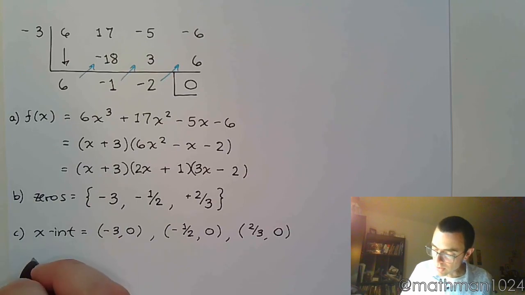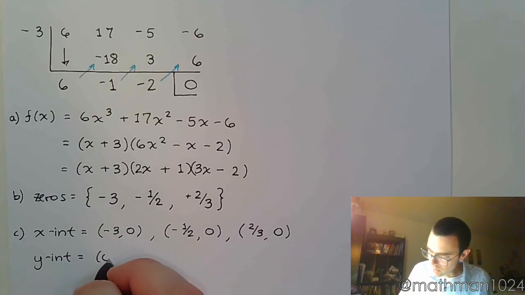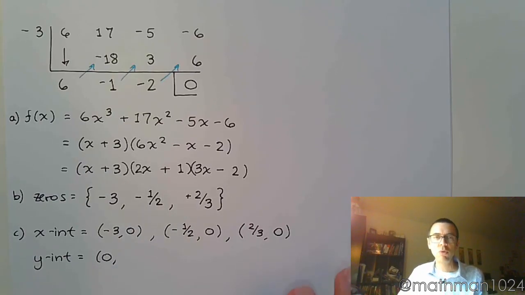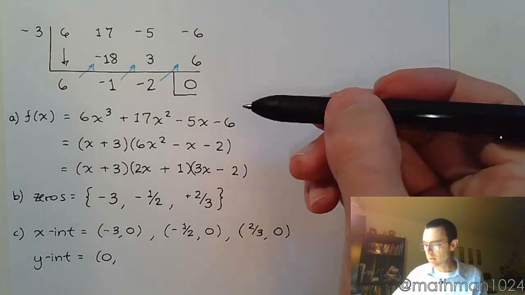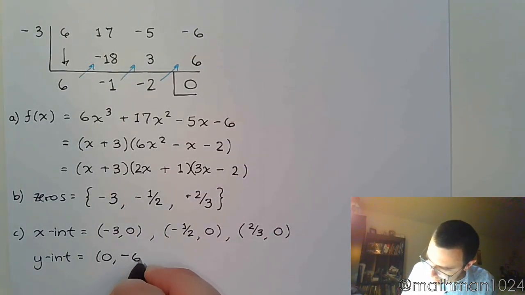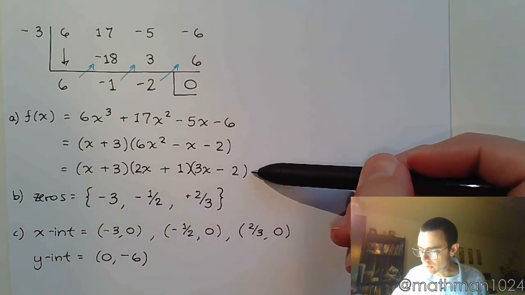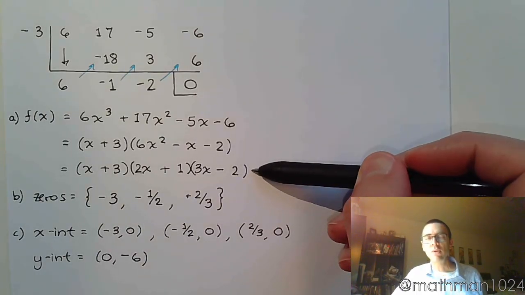But don't forget, when it says all intercepts, that includes the y-intercept as well. So the y-intercept is going to be 0, comma, well, what was that constant term at the end? Negative 6. So 0, comma, negative 6. So there you have it. All of the zeros, all of the intercepts, and the complete factorization right here of our polynomial function.